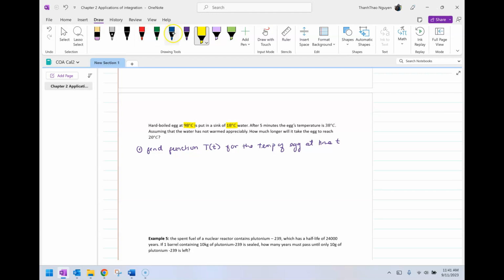This means here we are given the original temperature of the egg. This is the surrounding temperature. We are given t equal 5. And at t equal 5, the egg temperature is 38 degrees Celsius. So this is the temperature of the egg at 5 minutes.